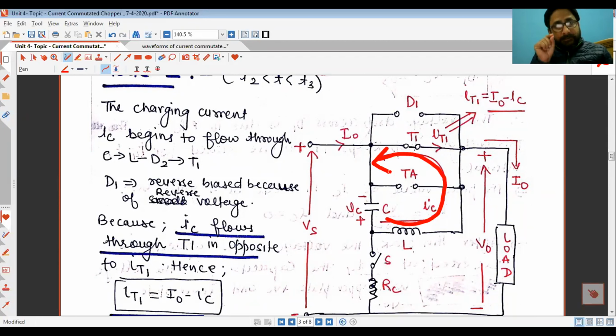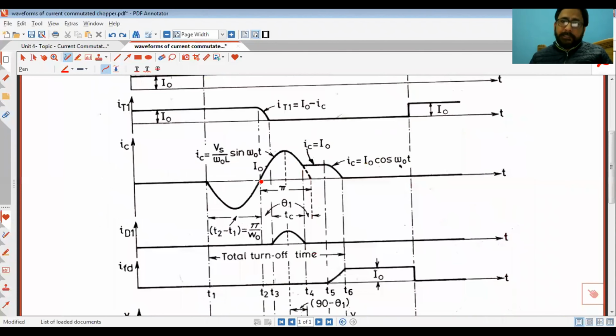Now imagine the whole process: you have IT1 flowing in this direction, and an opposite force, IC, which is increasing. When this negative force increases, it suppresses the main SCR current IT1. So at T3 the main SCR current will become 0.